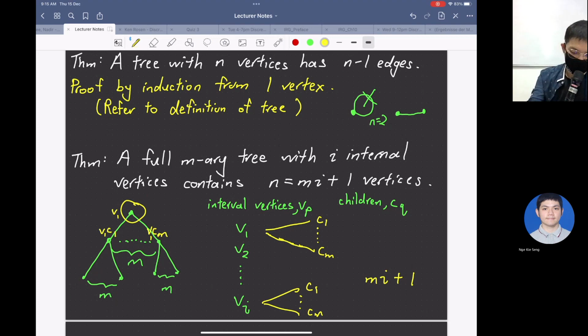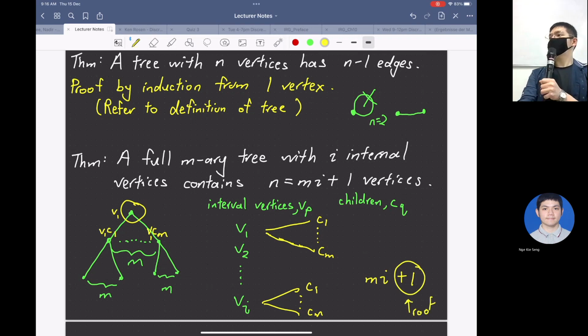And then this one maybe v2. So the plus 1 here is because of the root.